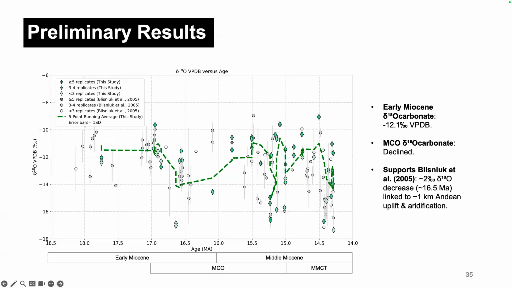These findings align with Blisniuk et al., who reported about a 2 per mil delta 18O carbonate decrease around 16.5 million years ago, attributing it to about 1 kilometer of Andean uplift and intense aridification. The continued depletion into the middle Miocene suggests a restrengthening rain shadow effect, while declining atmospheric CO2 levels may have further contributed to a drier and cooler climate.